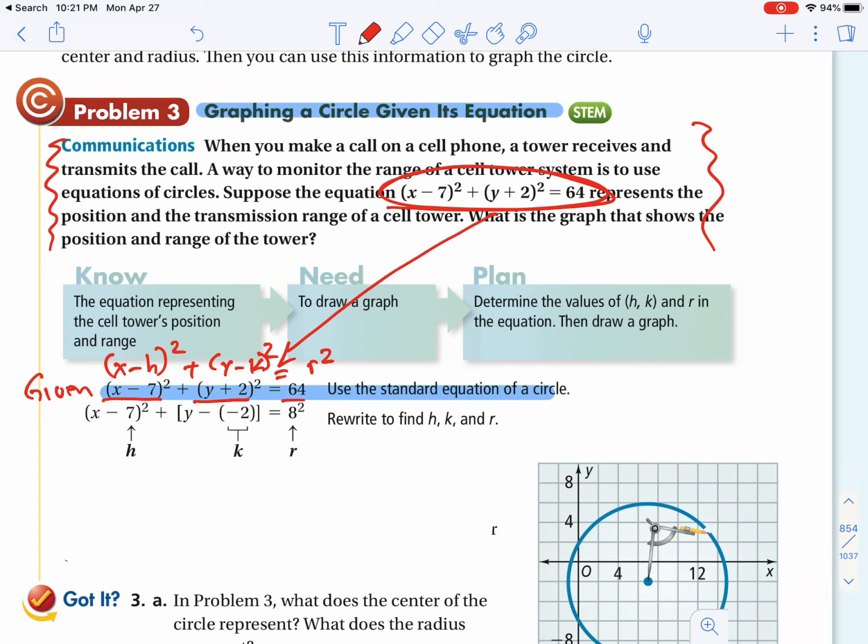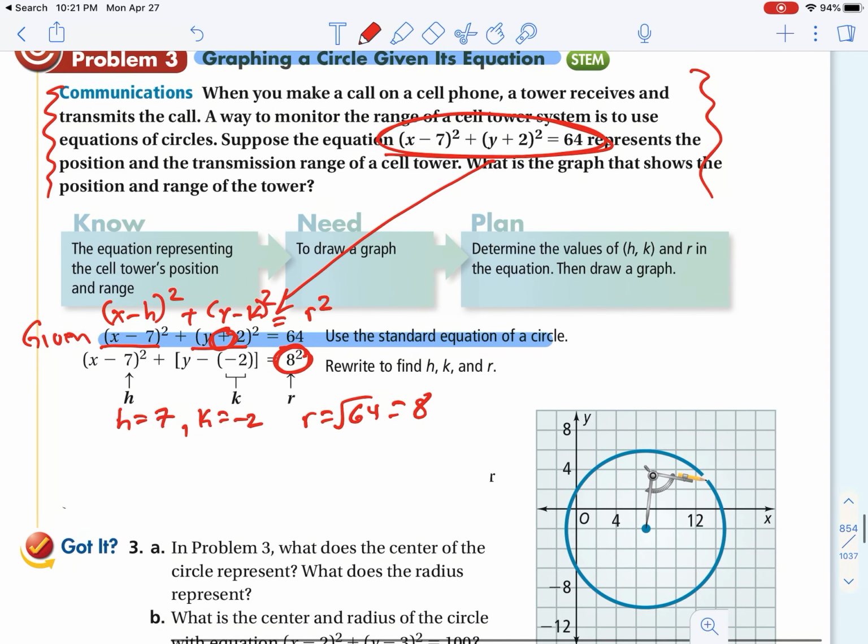So what we need to do now is extract those values. So h is going to equal 7. Notice that this is a plus sign here, so k is going to equal negative 2. And again, notice that this is 64, so we have to get the square root. So r is going to equal the square root of 64, which is equal to 8.